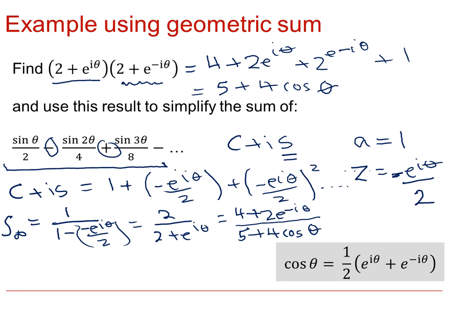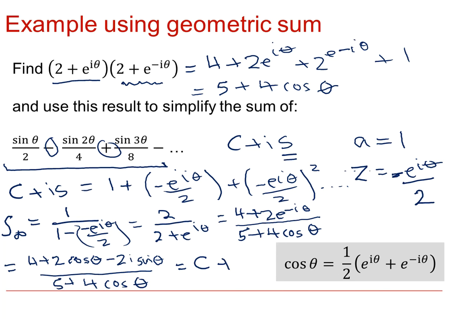I can, of course, split that numerator into the real part, 4 plus 2 cos theta, and an imaginary part, the minus 2i sine theta, all over 5 plus 4 cos theta. I also know that that sum to infinity is, of course, this whole geometric series C plus iS.